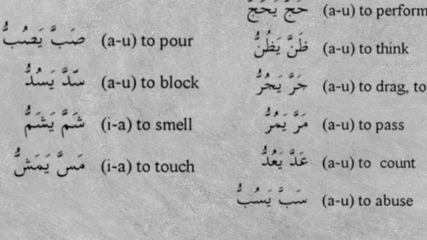And sadda, to block. Yasuddu, he blocks. And shamma is bab samia, and massa. So these are the two at the moment we have learned. Inshallah, as we go along, we'll learn more. Probably Dr. Rahim will bring some more. Shamma is shamima, so shammu. It's not shummu, it is shammu. Massa, it is masisa, it is mashu.